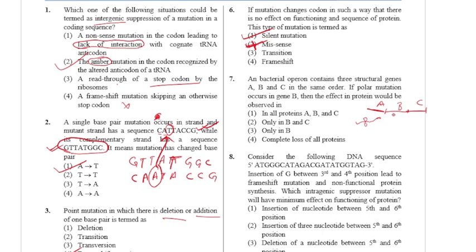But if a mutation occurs in B, B stops and protein C also stops. So we cannot find B and C proteins in the bacteria. So only B and C are affected.